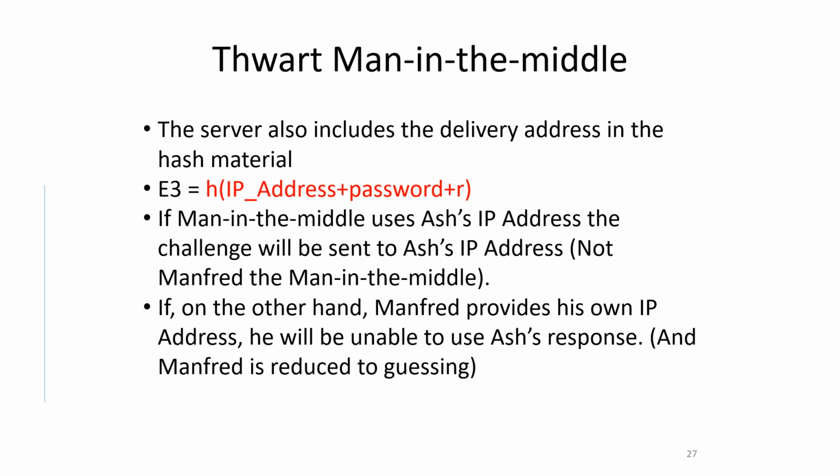Now we're going to append the IP address, or something that would prevent the message from getting to the wrong place, something that will thwart the man-in-the-middle attack. And once we've done that, to be honest, we've taken care of most of the pretty obvious attacks.